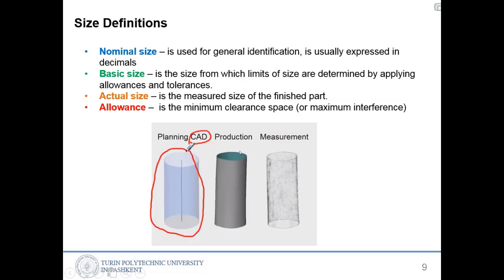In the CAD, you write, for example, diameter is 50, just 50. That is the ideal one. We never reach this, but we plan to make it like this. That is nominal size. It's used for general identification and is usually expressed in decimals.